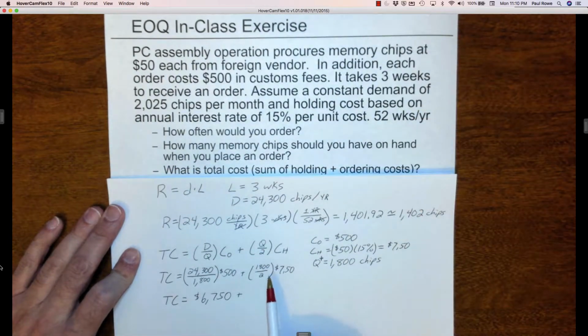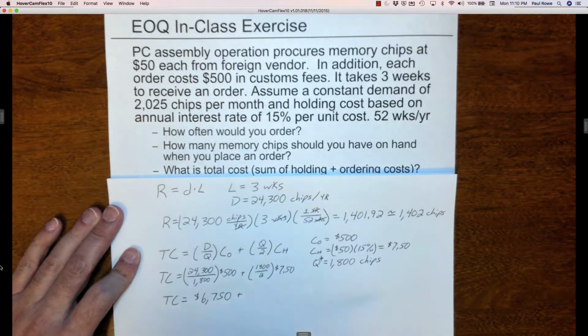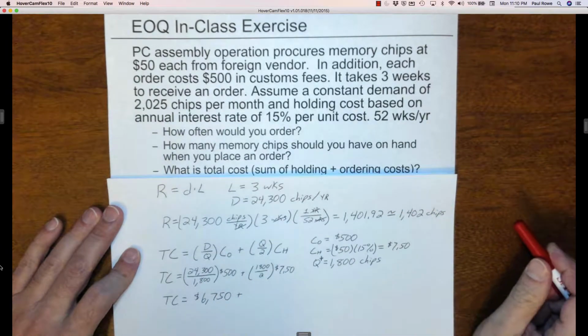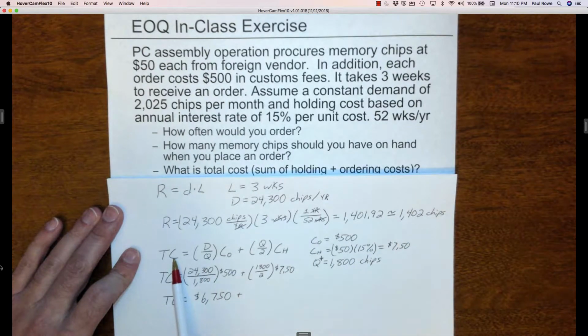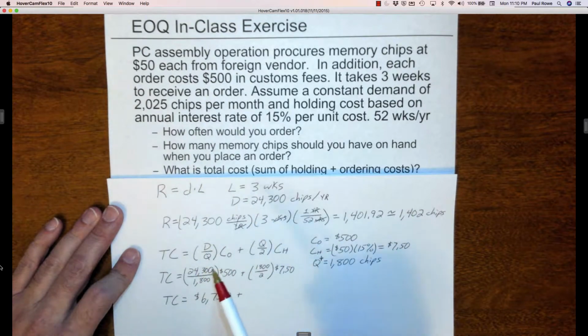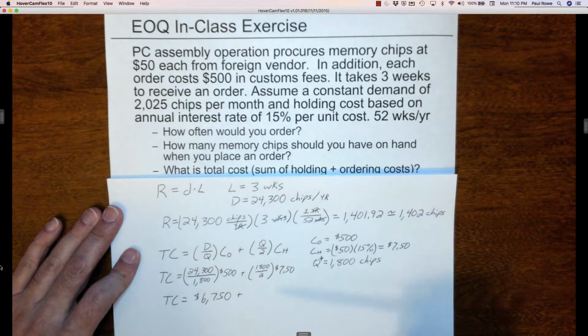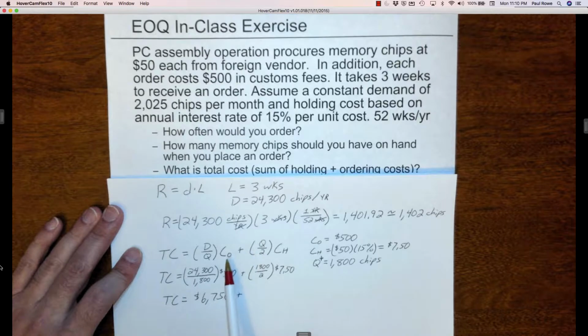Well, what does the EOQ formula do? The EOQ formula, again, we looked at the EOQ formula, which is derived from this. So we calculate the derivative, set it equal to 0, and then solve for Q. And so the EOQ formula is balancing the ordering cost and the holding cost.